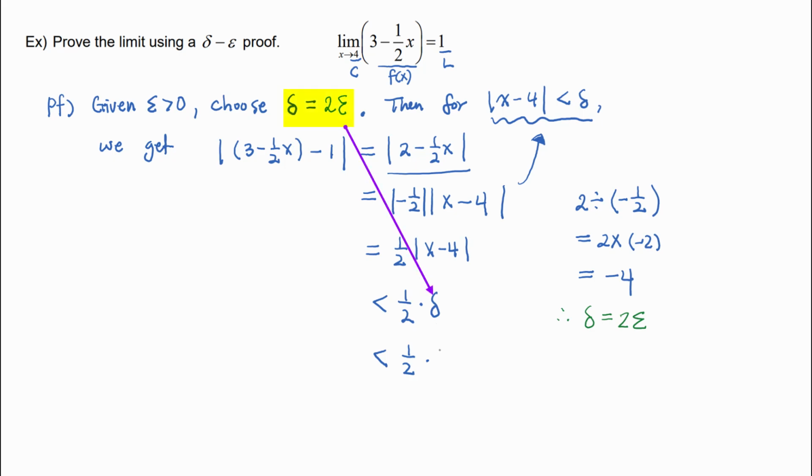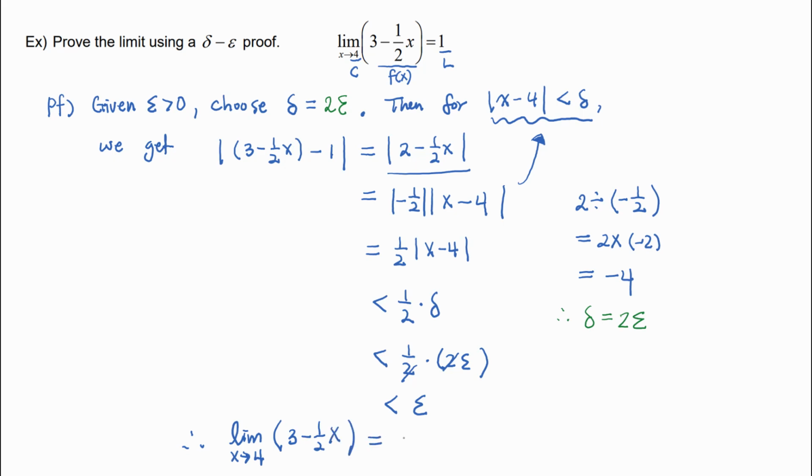You can replace it by 2 times epsilon. And then the 2s cancel, so that will give me less than epsilon. So therefore, you can conclude that the limit as x approaches 4 of your function, 3 minus half x, is equal to 1. Easy.